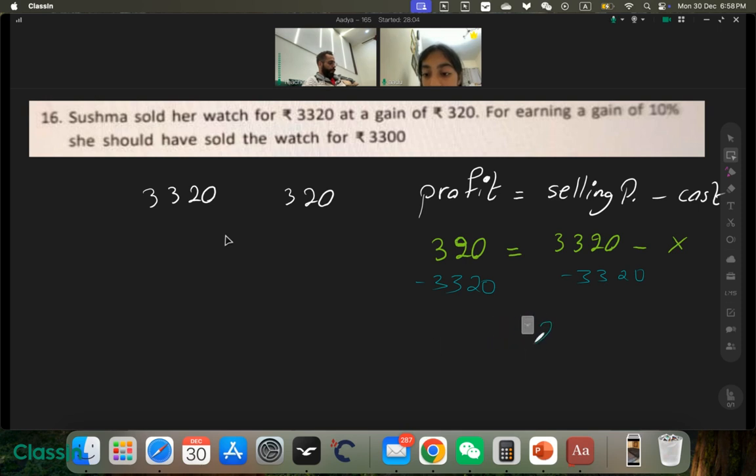Wait. Why did you put x equals? You don't have x on the left. We have minus x on the right.